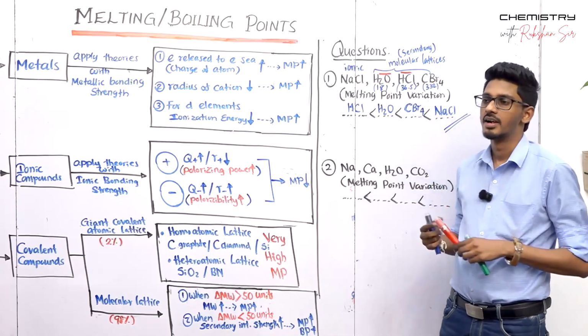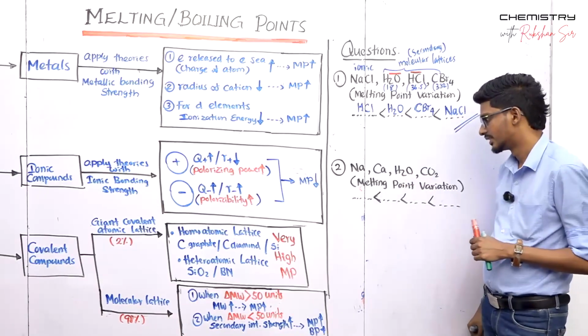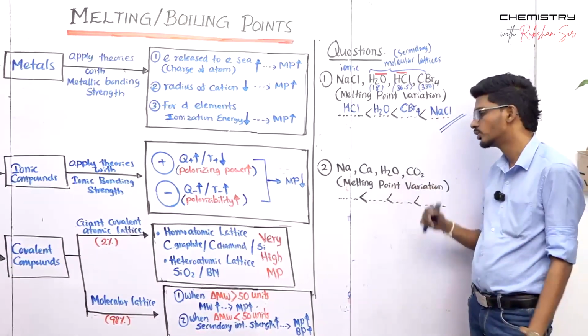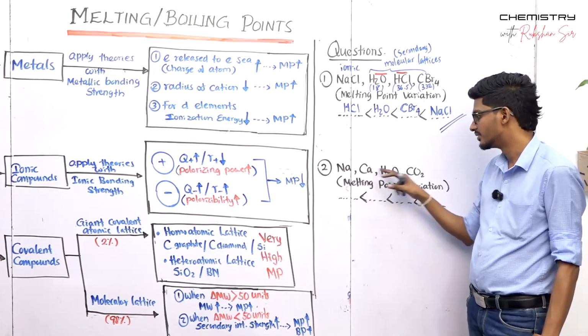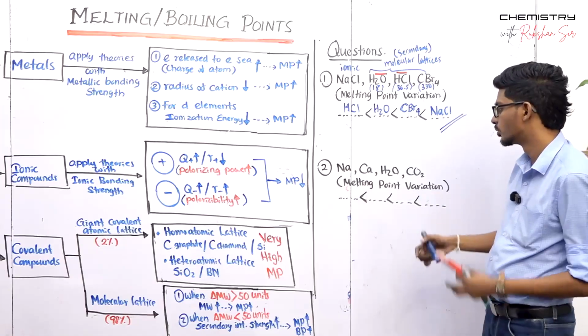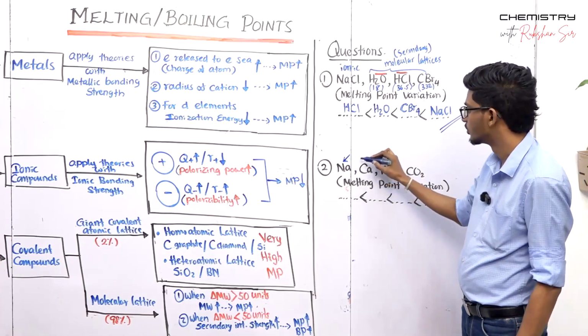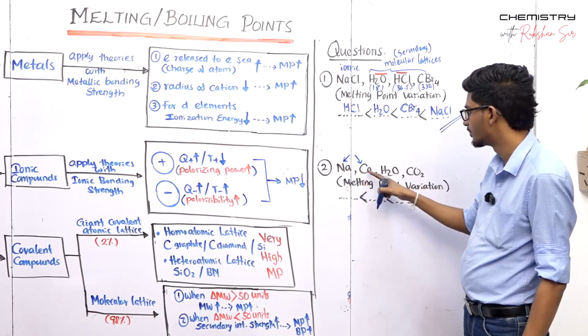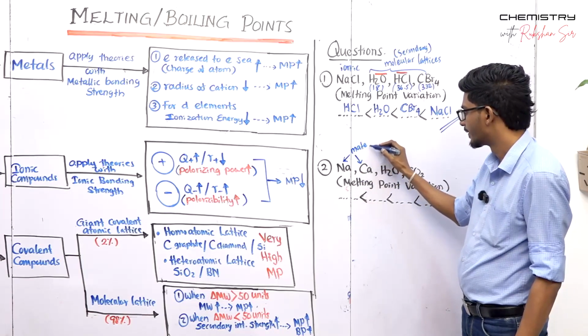Okay, let's come to the next one: sodium, calcium, H2O and CO2. First of all, you have to categorize these. Sodium and calcium are both metals.